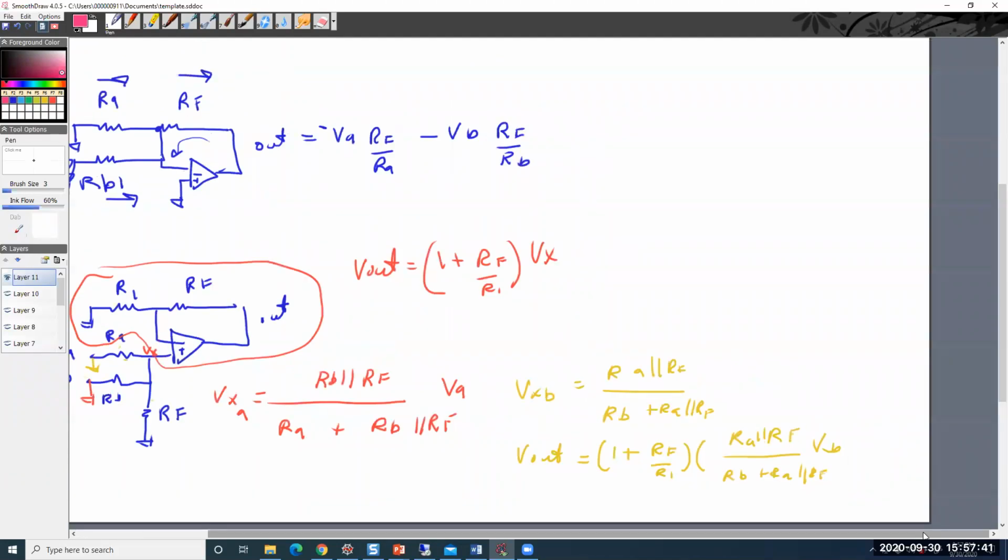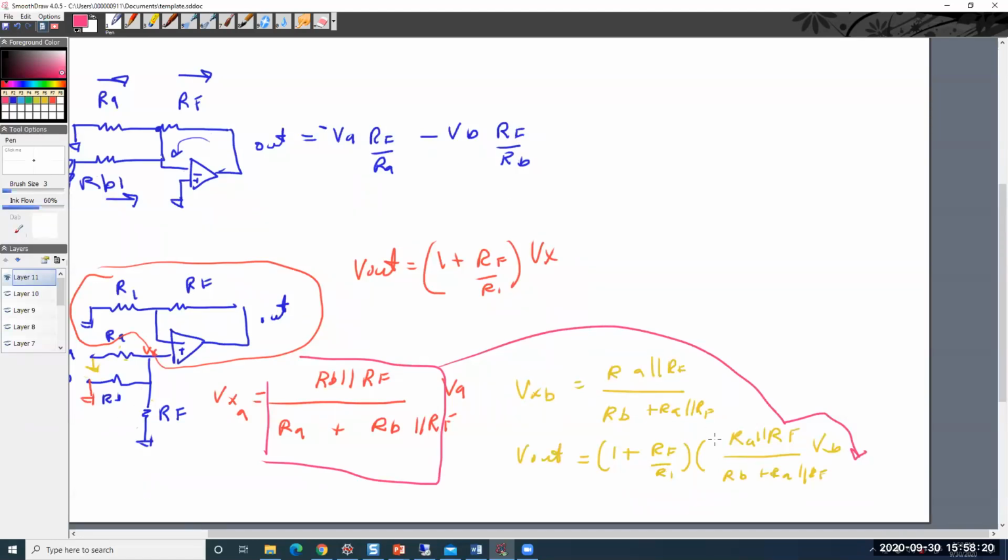Sorry, I'm running a little bit out of room here. But the important thing is this part goes in here. And then, maybe you would have seen it, but if all the resistances are equal, well, I'm going to stop with that thought.